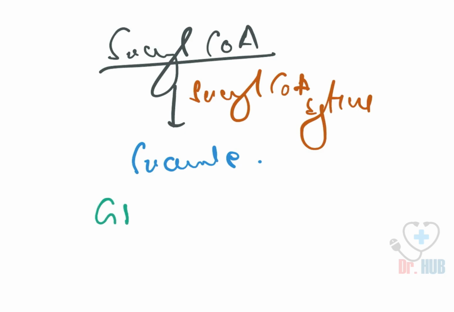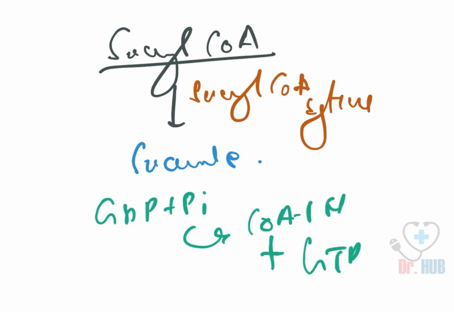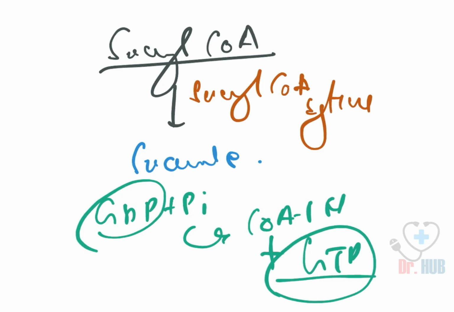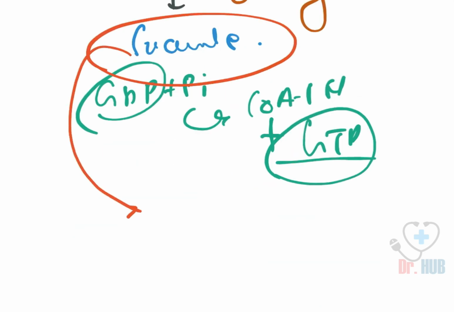What happens here is GDP is converted, with CoA SH, to GTP. So here it is GDP, here it is GTP. After this, what we got was the succinate.